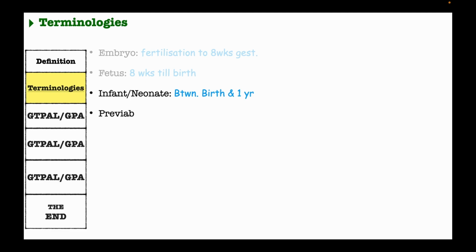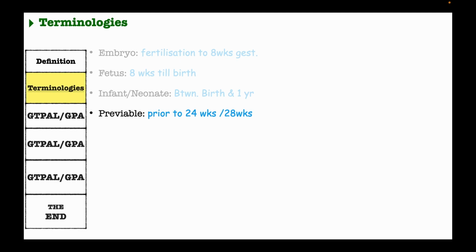Then we have what we call the pre-viable period, which is the period before 24 weeks and 28 weeks of gestation. Now, let me explain this well. 24 weeks is considered to be pre-viable in the developed world and before 28 weeks in developing countries.